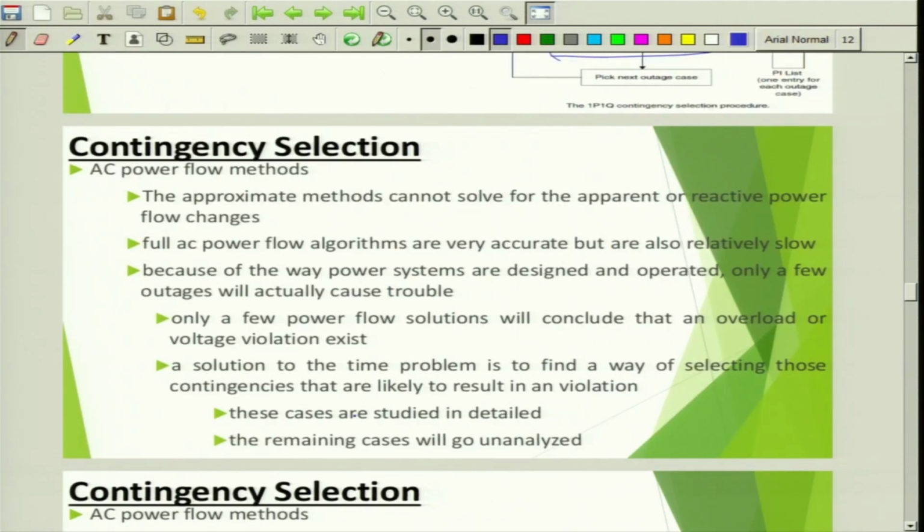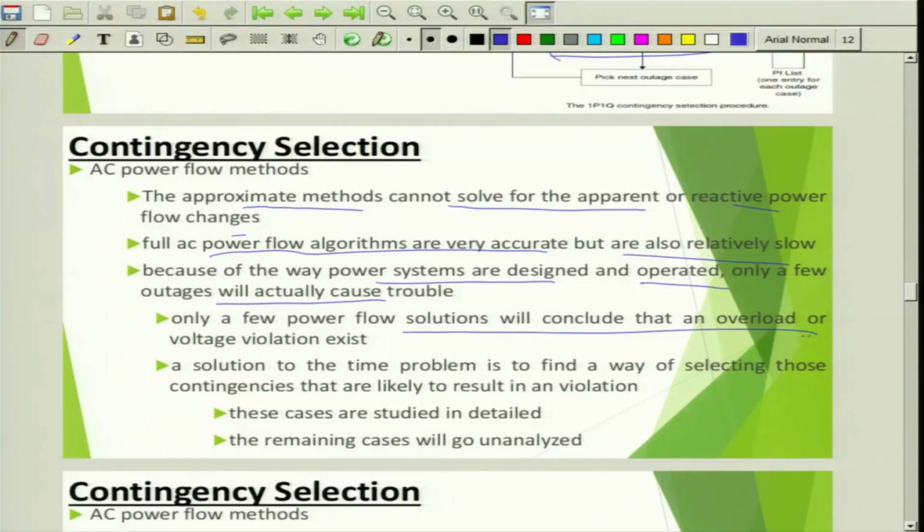In the AC power flow methods, the approximate methods cannot solve for the apparent or reactive power flow changes. Full AC power flow algorithms are very accurate but also relatively slow. So there is a trade-off you need to make between accuracy and the time that you have. Because of the way power systems are designed and operated, only a few outages will actually cause trouble. The power system is designed so well, so it is basically a design problem.